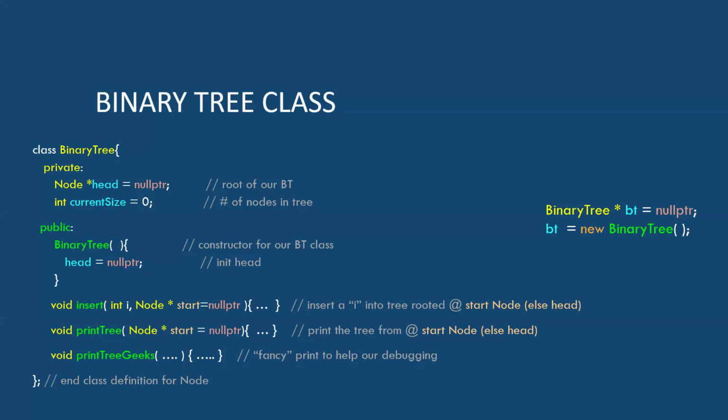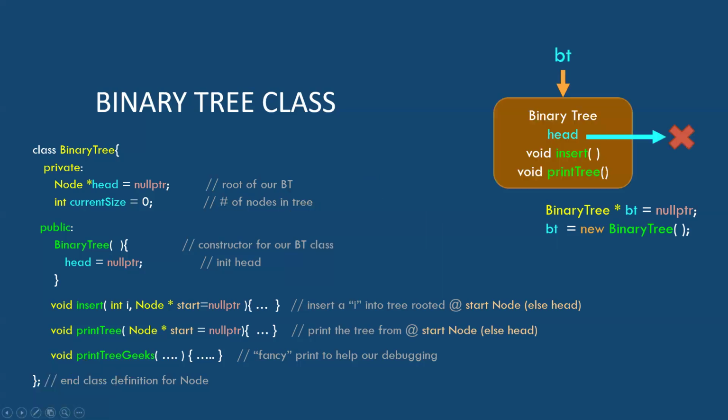So that's how to create a binary tree pointer. BT is a pointer to an instance of our binary tree that's going to be created on the heap. It's a dynamic allocation of a binary tree, and it starts out life with nothing in it. There's a head, and then we just have our methods inside of there, and we can call those methods. So I could say, hey, there's my new binary tree, and then I can say BT arrow, call the method that is inside of the binary tree instance, and insert 13, for example.